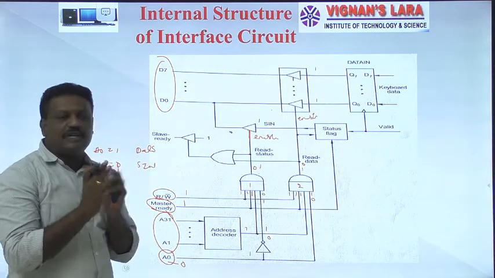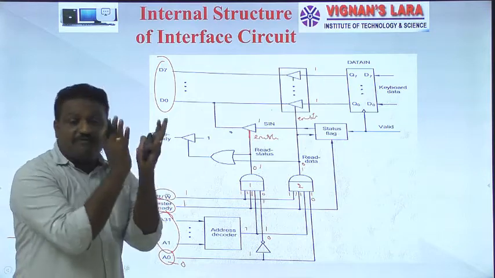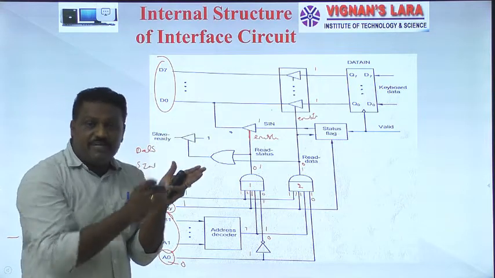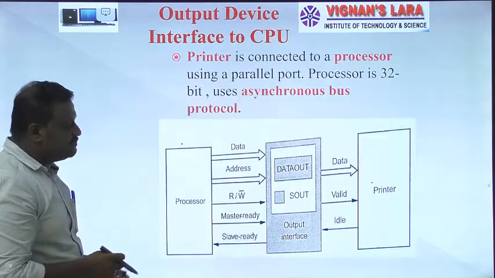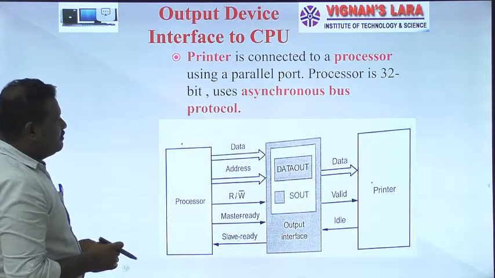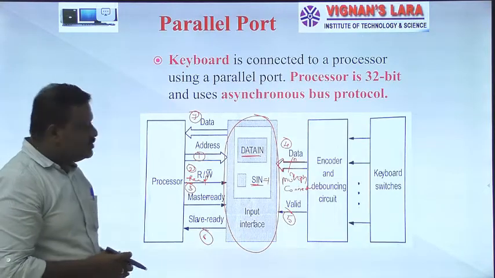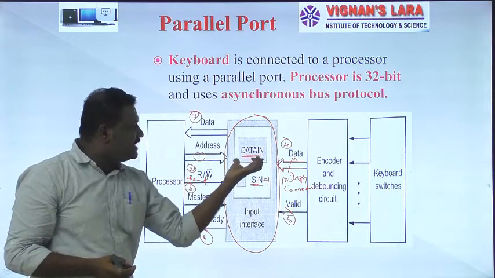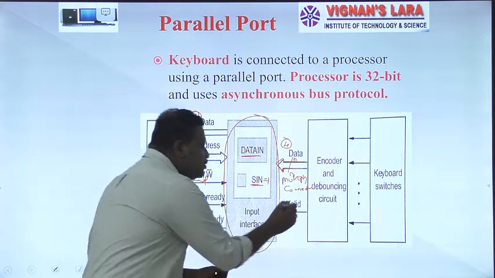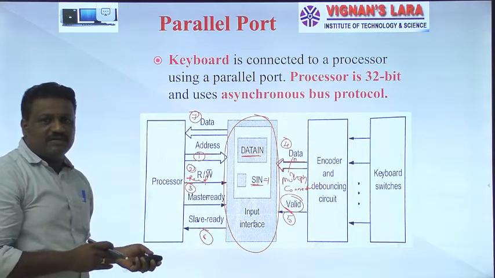I have already clearly told you, whenever an external device transfers valid data to the input interface, see the previous slide, that is here. Whenever this particular input device transfers valid data to the data in register, I told you that this valid signal was active, valid signal is equal to 1.